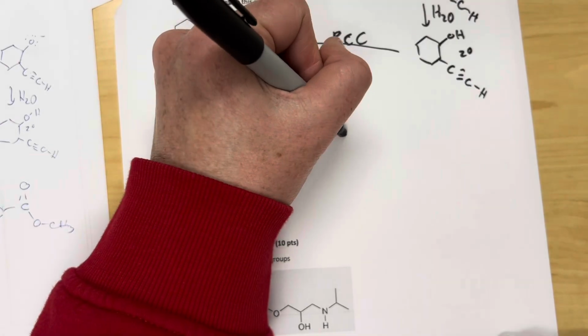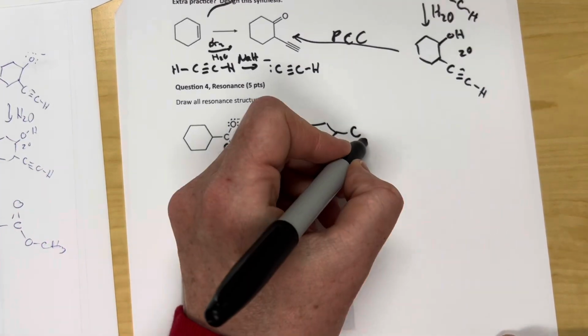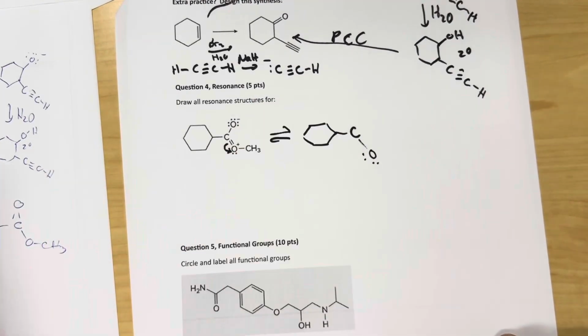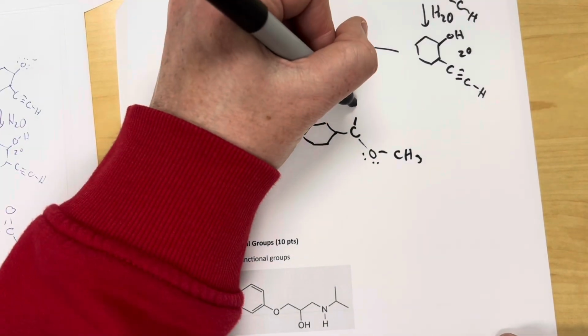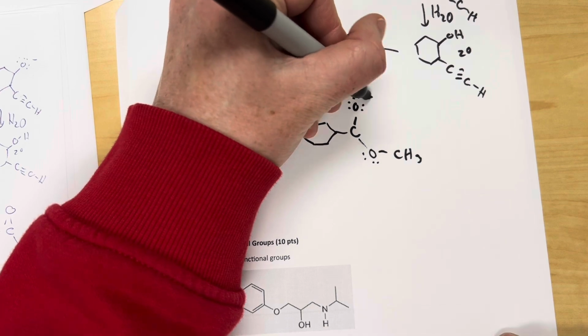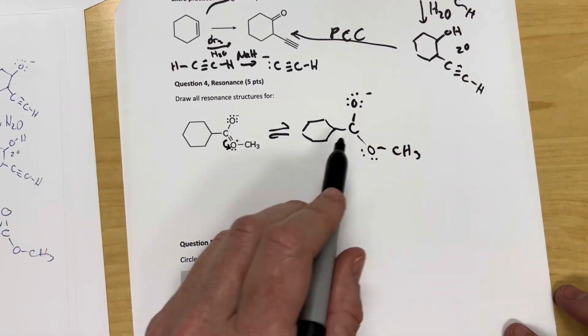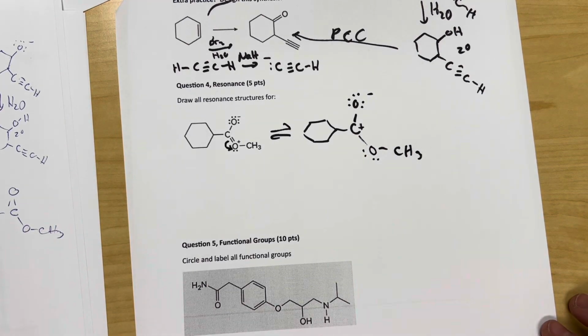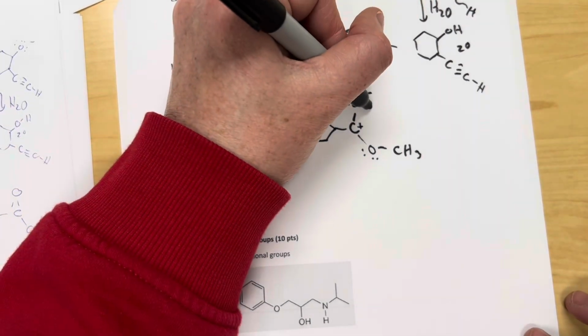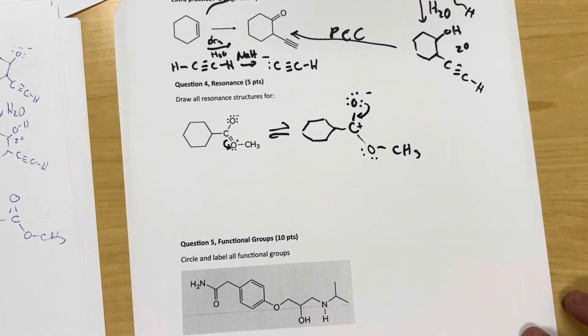So we have this going to a carbon. We now have a single bond to an oxygen. We have the CH3, and we still have this oxygen that's negatively charged. But the difference is, because this carbon lost its bond, it now has a positive charge. Now, those electrons can go down there.